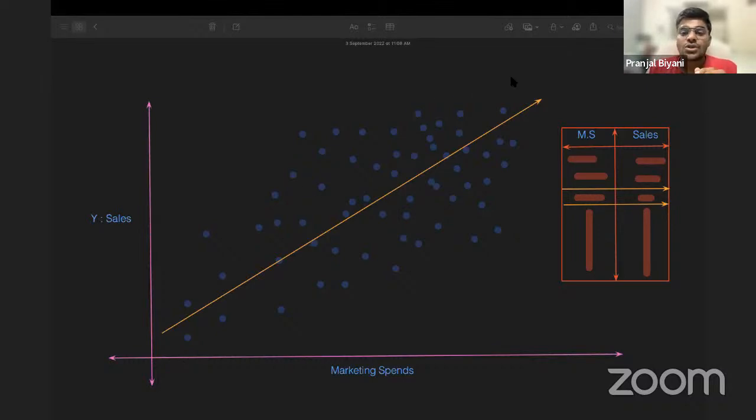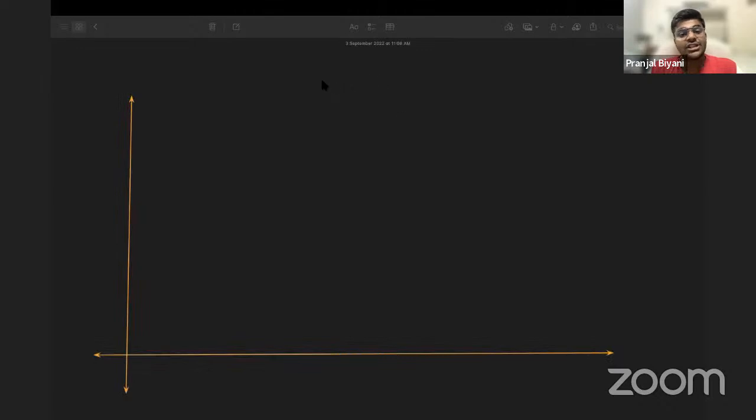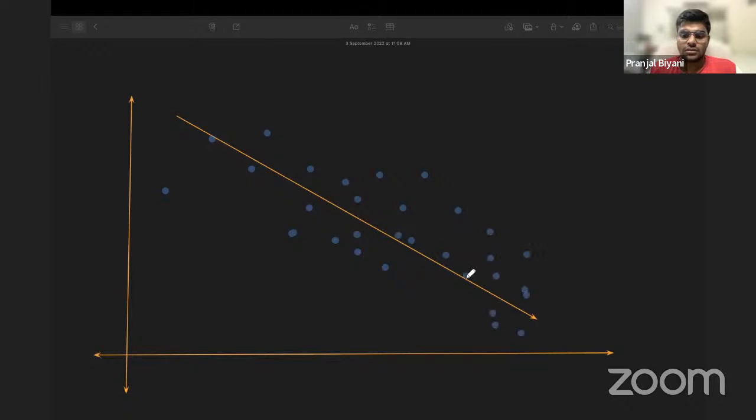Similarly, we can also have other relationships. I can have a negative relationship as well, where the points will look something like this. This signifies a negative or an inverse relationship. What do we mean by that?